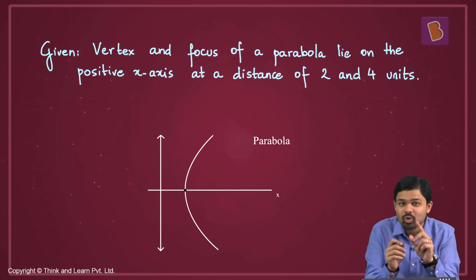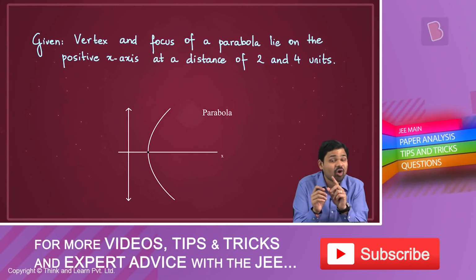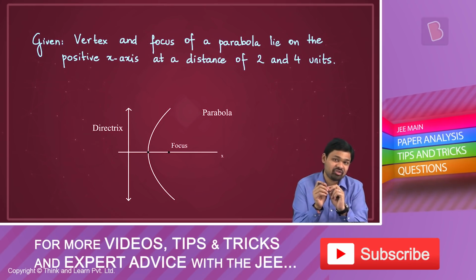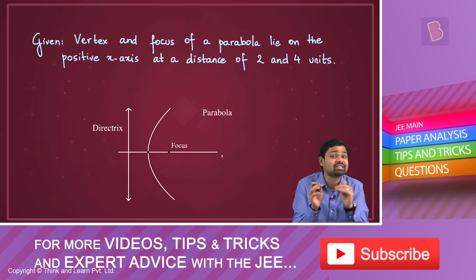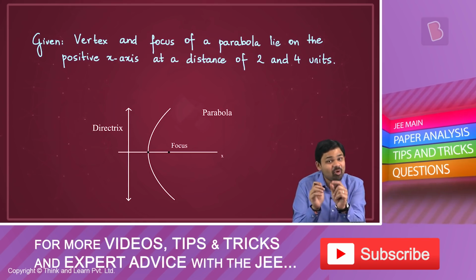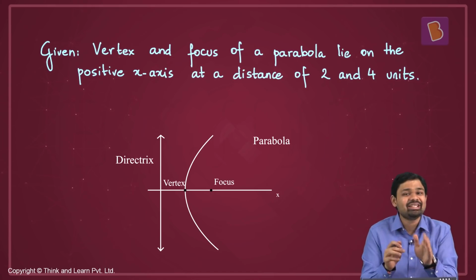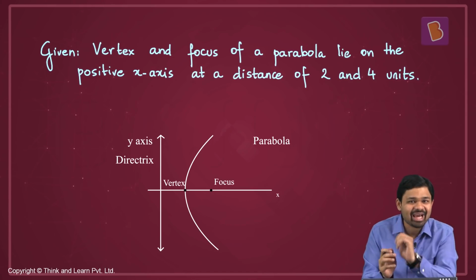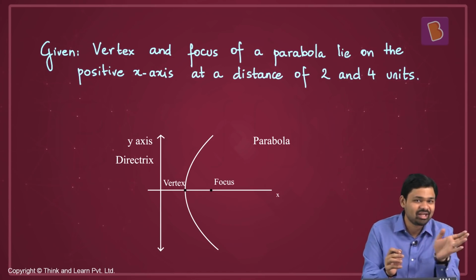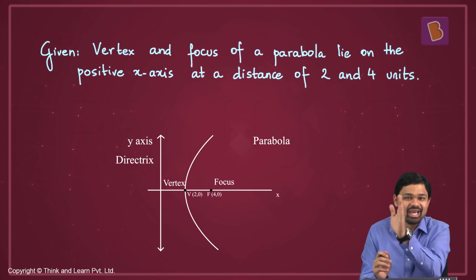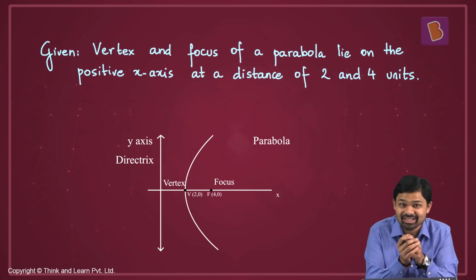The vertex is going to be the midpoint of the line joining the focus and the directrix. The perpendicular from the focus to the directrix, the midpoint of that line is going to be my vertex. So actually the directrix is going to be the y-axis in this case, because the focus is at 4, 0, the vertex is at 2, 0.